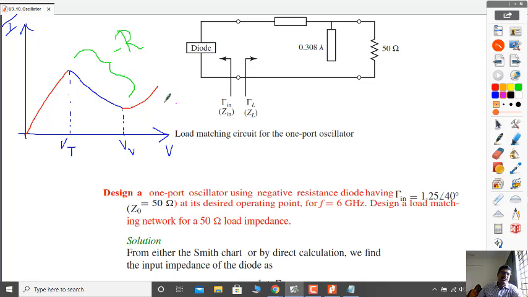We can choose any voltage or current in this region.